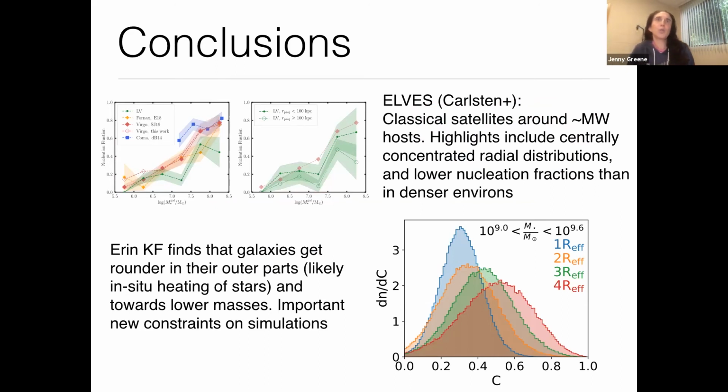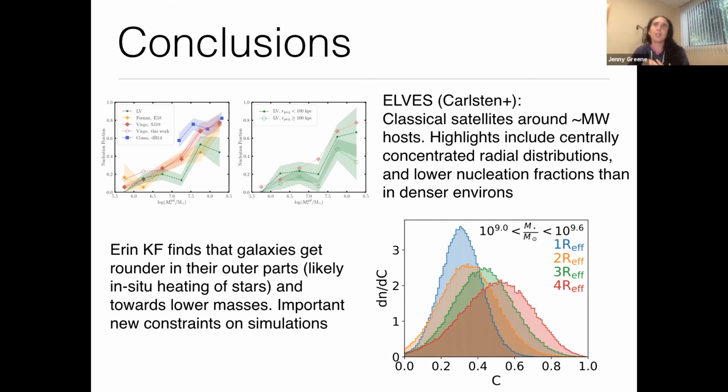So just to conclude the dwarf galaxy part of my talk, from Scott's ELVES survey, this is a survey of classical satellites around Milky Way hosts in the local volume. We're finding that the richness of the satellite population seems to agree with simulations. The radial distribution seemed to be more concentrated than you would expect.